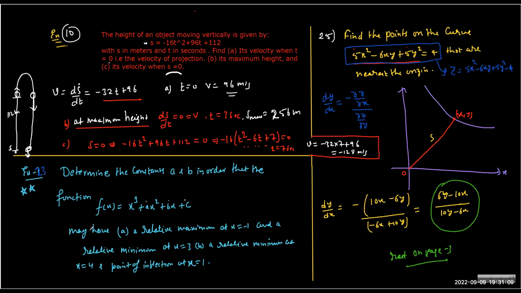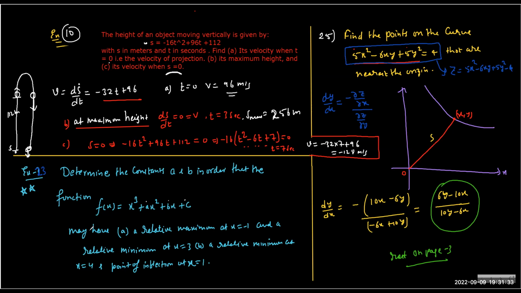So what do you know? Two conditions. You know that you have a relative maximum at x equals -1, a relative minimum at x equals 3, and you also have a relative minimum at x equals 4.